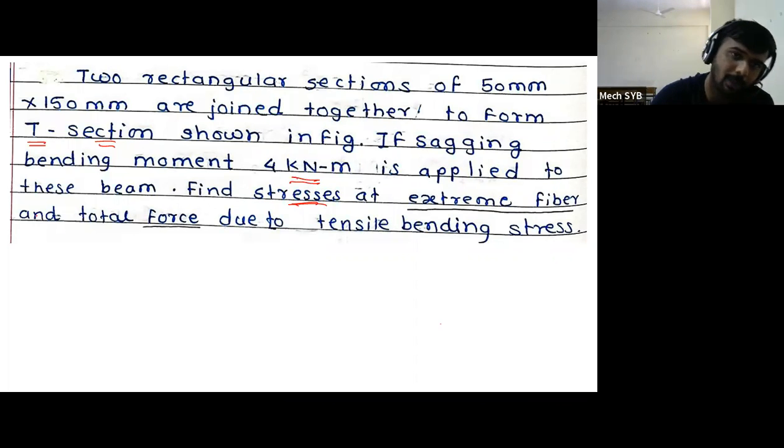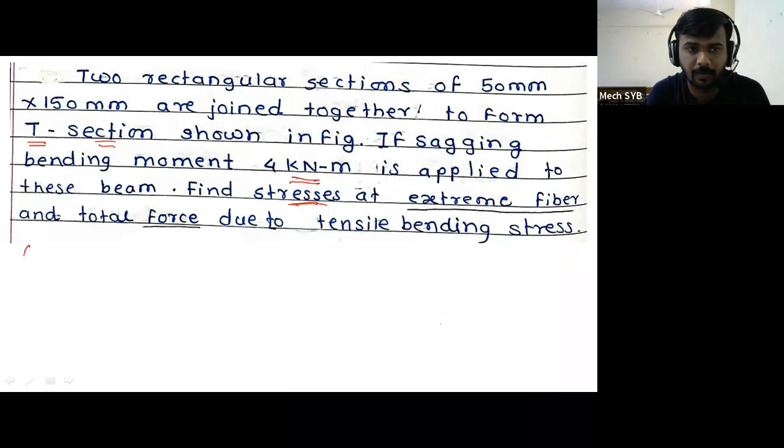Okay, so write down all the given parameters first. So given, section dimension already it is given.